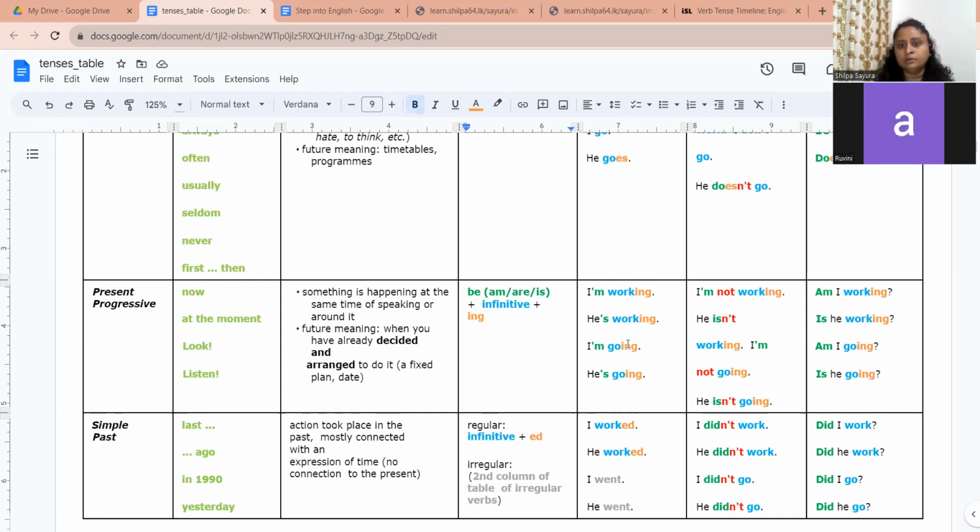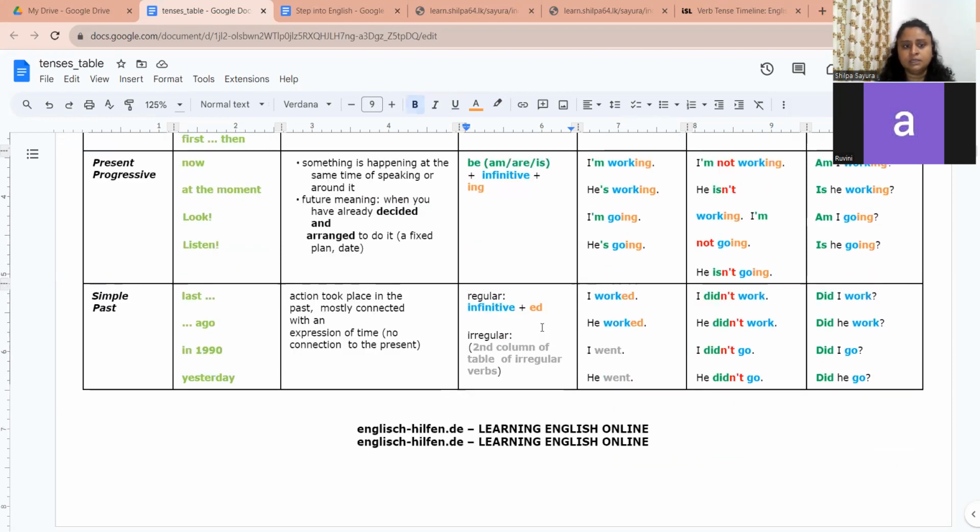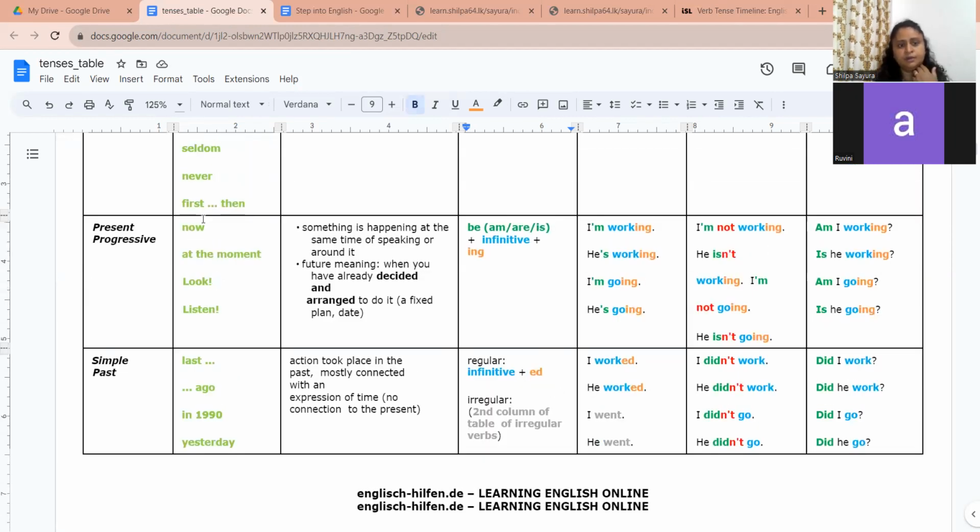I'm going. So another verb, go. He is going. Am I going? Is he going? I'm not going. He is not working. So that is again easier. And before simple past tense, you have to notice the signal words in light green color.